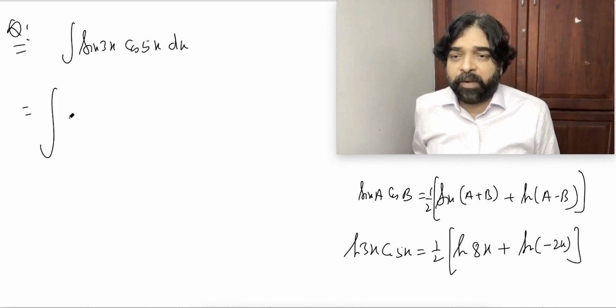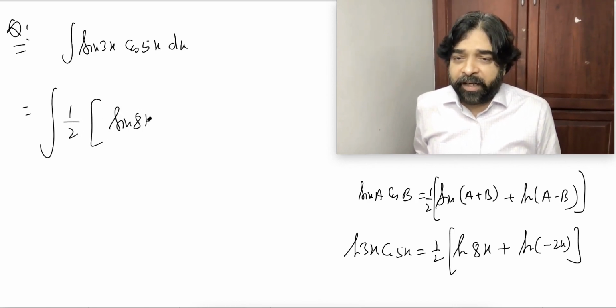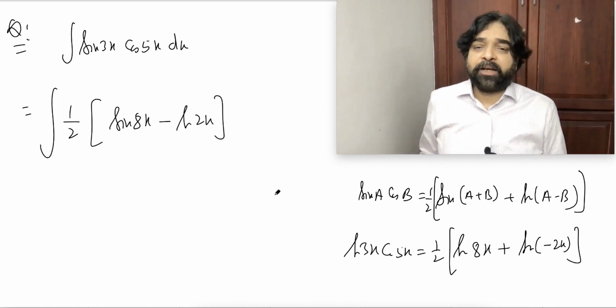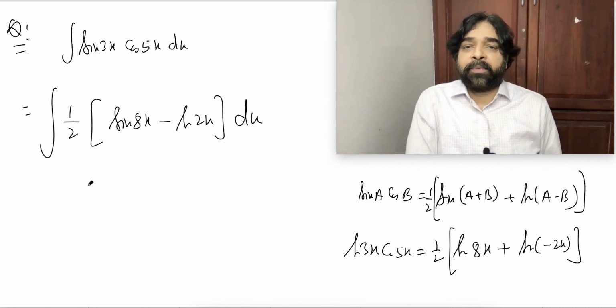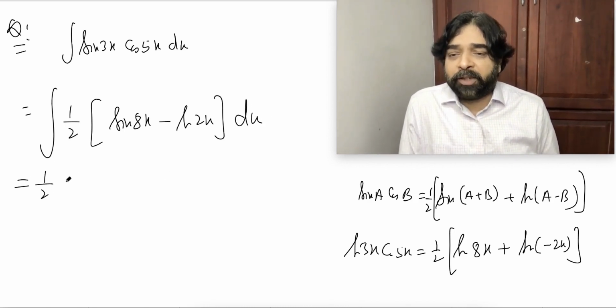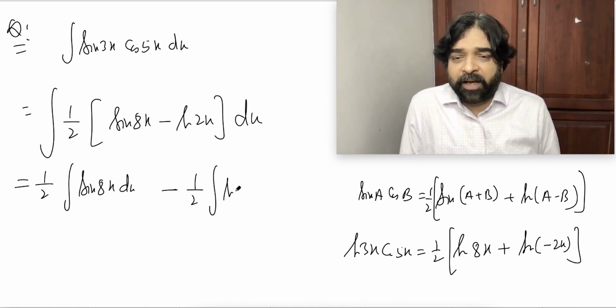So this question will become 1 by 2 integration of sine 8x minus sine 2x dx, because sine minus theta equals minus sine theta. So this I can write as 1 by 2 integration of sine 8x dx minus 1 by 2 integration of sine 2x dx.